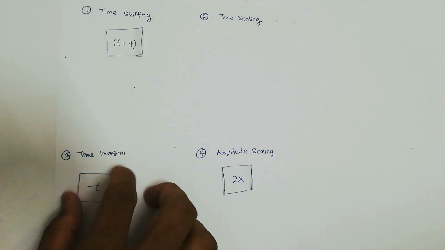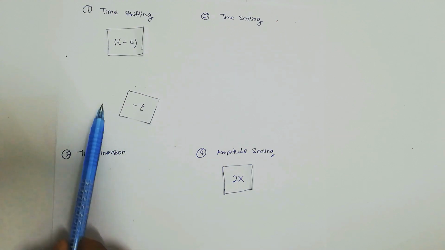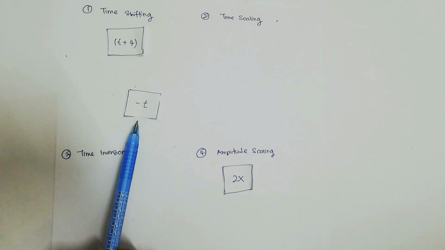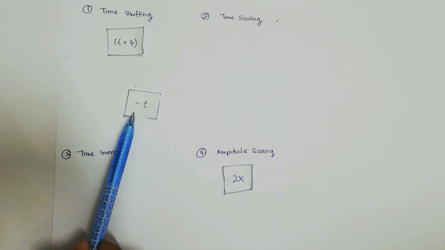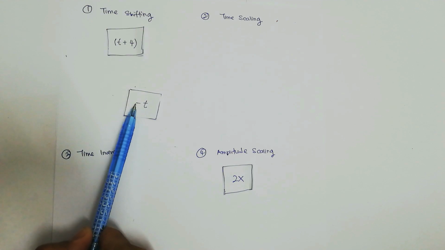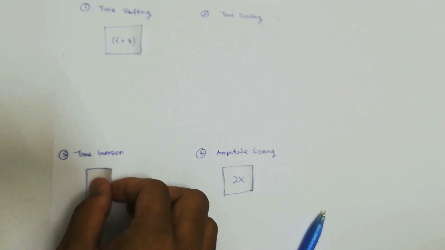How about this one? Can you guess? I give you 1 second to guess it. This is a time inversion system, where the notation is minus t. Time inversion, or time reversal.